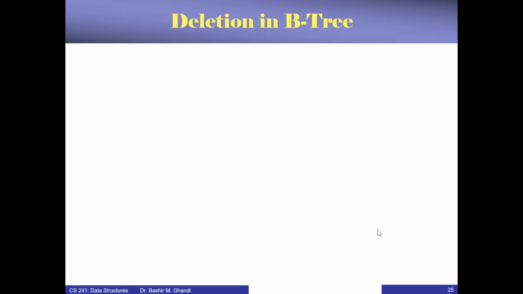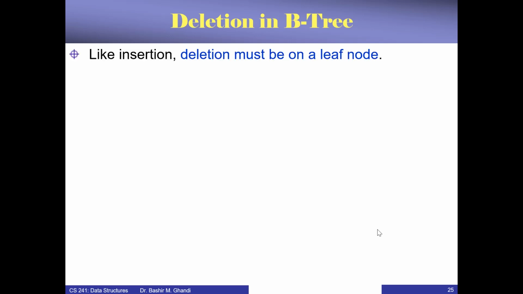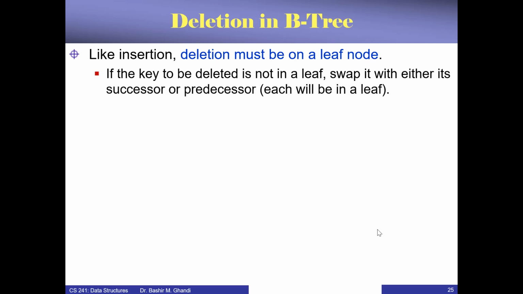Okay, the final part that we're going to study about B trees is deletion. Like insertion, deletion must be done on a leaf node. You will be surprised by this, because what if the key you are deleting is not on a leaf node?